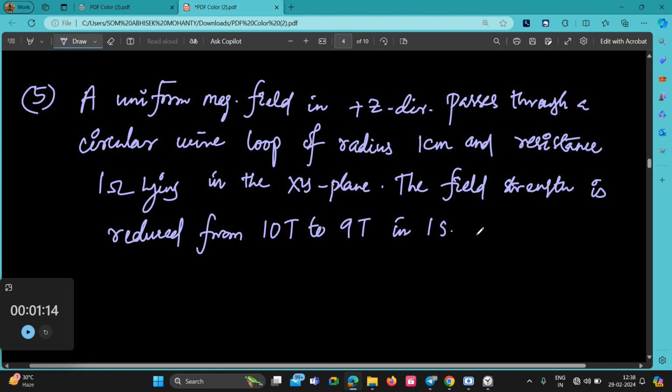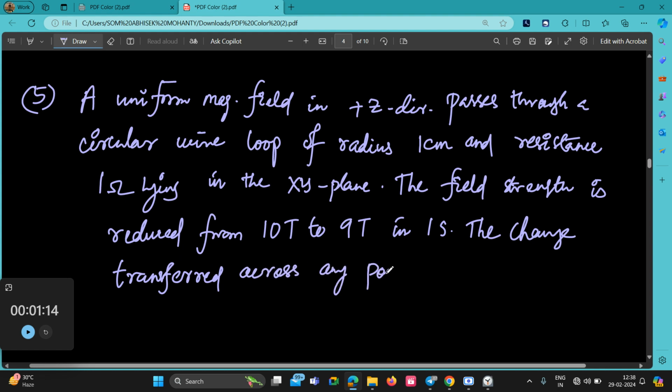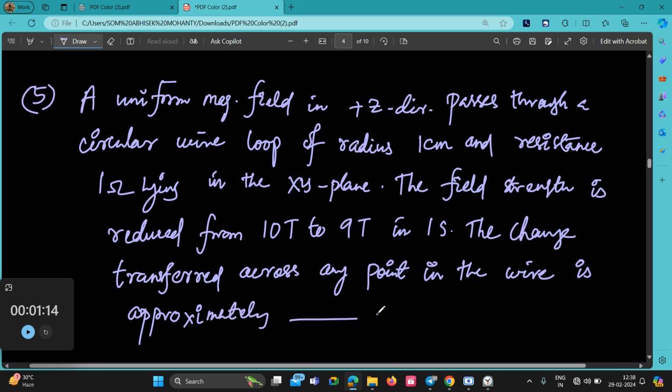Okay, so the charge transferred across any point in the wire is approximately dash.